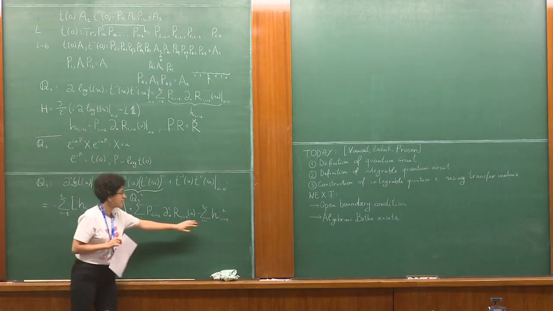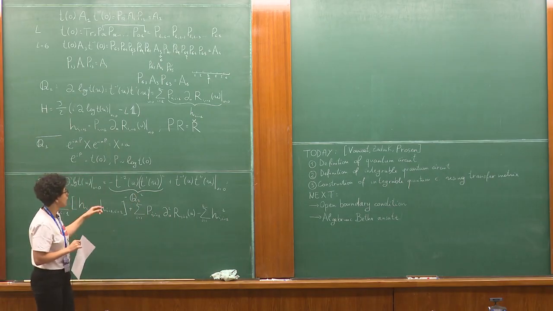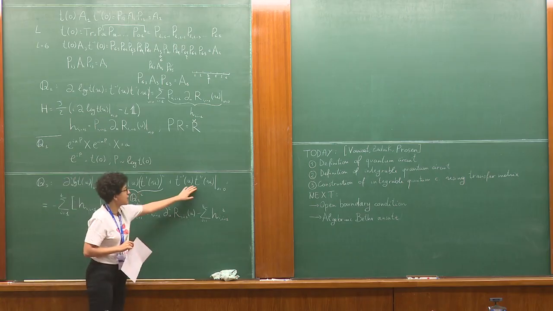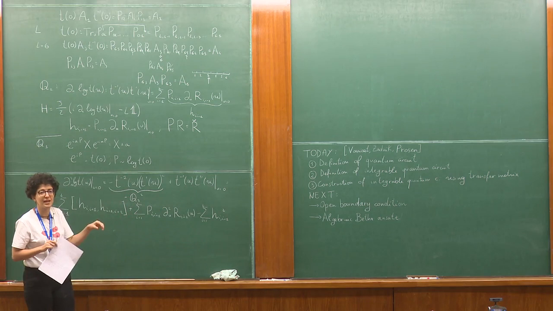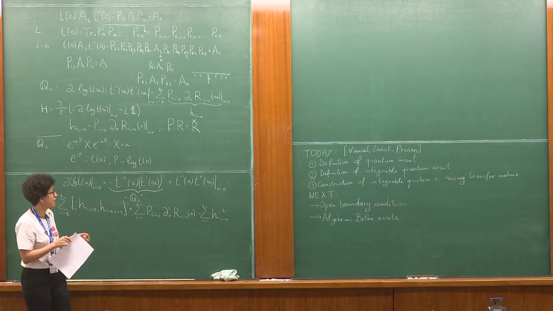These terms and this one, they come because when you take the derivative 2 times, you have to take the derivative of each term, right? And then there may be some crossing term that multiplies.